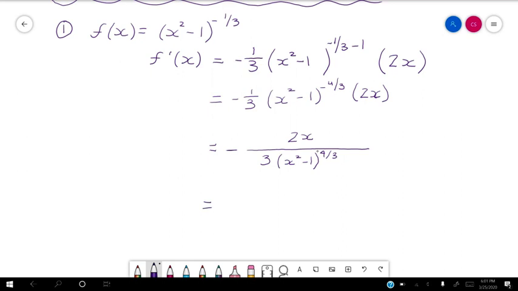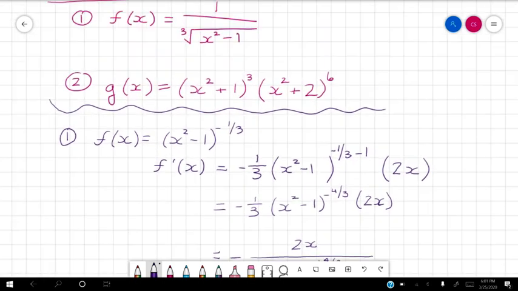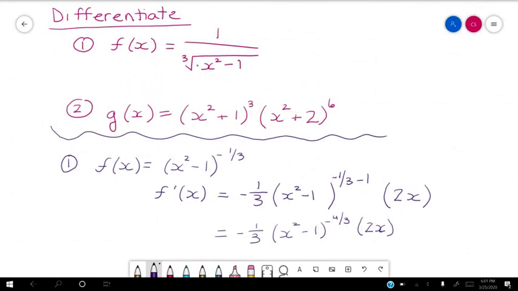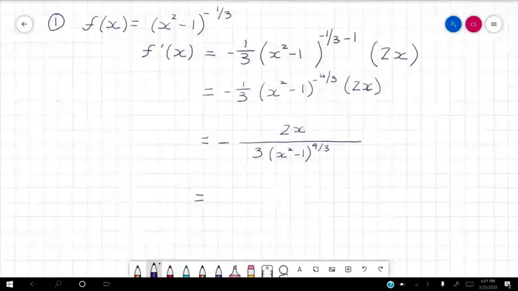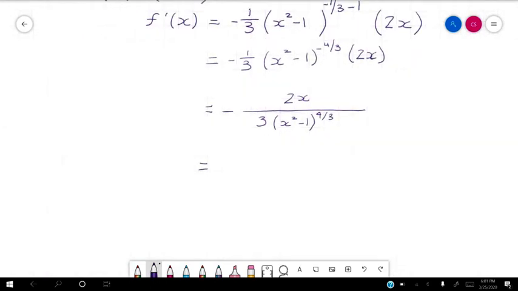We can also simplify this and use our root notation, since that's where we started. And if we see this, we have a whole x squared minus 1, right? Because 4/3 is like 1 and 1/3. I'll write that off to the side. So we have an entire x squared minus 1.